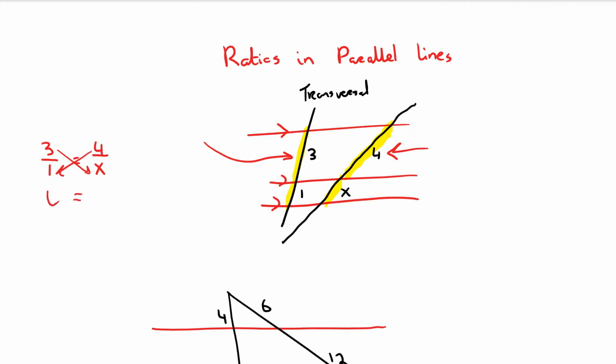So we have 4 equals 3x, divided by 3, divided by 3, we get 4 over 3 equals x. Okay, so this here, x, is 4 over 3, which is, if we want, 1 and 1/3.